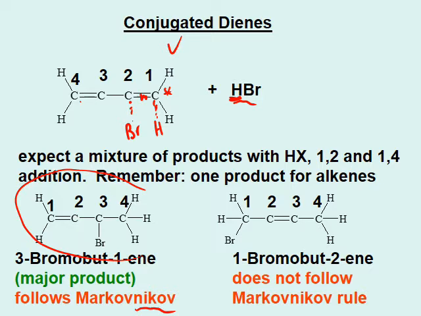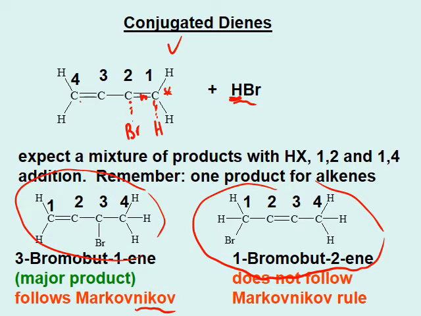But the interesting thing is, even though this product, which follows Markovnikov's rule, is the dominant or major product, you have a small quantity of product which cannot be explained by Markovnikov's rule. So for the second product, this is how the reaction happens. Let me use a different pen color.